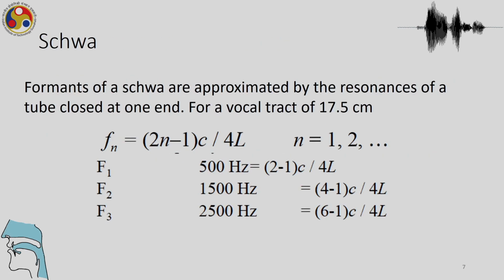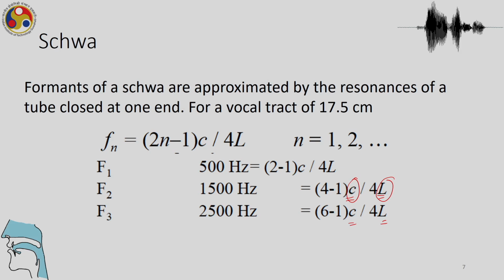So, as we have been saying, formants of a schwa are approximated by the resonances of a tube closed at one end. And for a vocal tract of 17.5 centimeters, we have these values for the schwa again. For the value of C we use the speed of sound, and for L we use the length of the vocal tract.